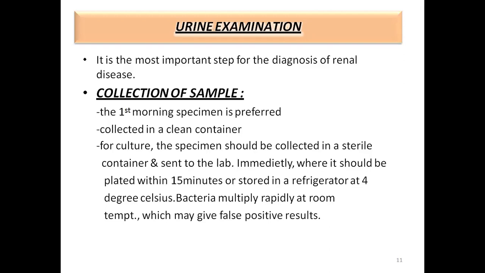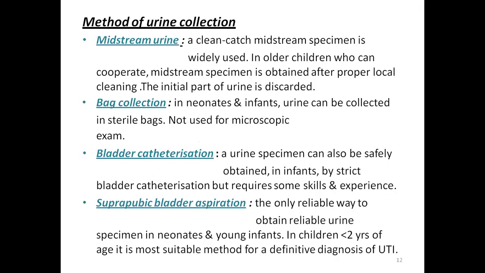So what is a false positive result? There was no infection, but due to delayed testing of the sample, other bacteria grow and it may give a positive result that the person is having a bacterial infection.